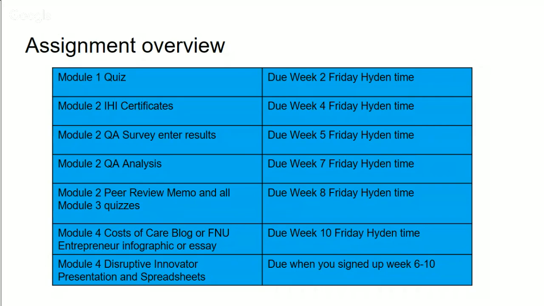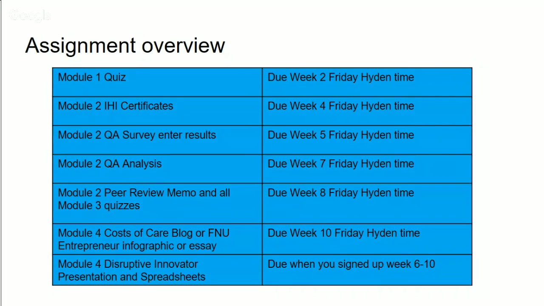So you'll find lots more information and also lots of examples of previous projects for this assignment within the course. So go ahead and look at additional resources in that module and you'll see some of those. And also there's a Google Plus page for PC713 and you'll see some examples there as well.